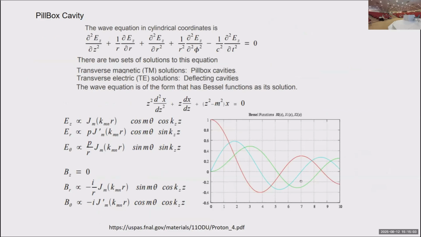And if you solve this in cylindrical coordinates, with some mathematics, you can find the solution in terms of the nth order Bessel function.